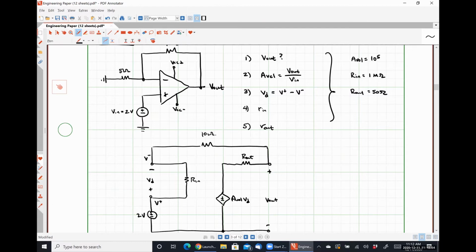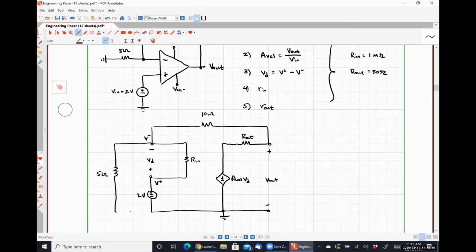And lastly, between my inverting input terminal and ground, I have my 5 kilo ohm resistor. Like so. So this is my circuit using the practical op-amp model.